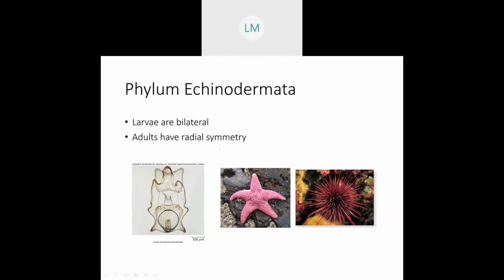But then our adults develop what's called secondary radial symmetry, a secondary type of symmetry in this organism. So the adults do have radial symmetry. We're classifying these as bilaterally symmetrical because of that larva. So don't get confused here. These are still considered to be bilaterally symmetrical organisms, even though the adults look a little bit different and are radially symmetrical.